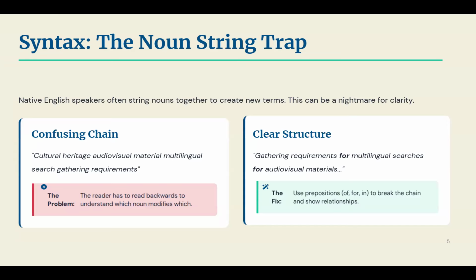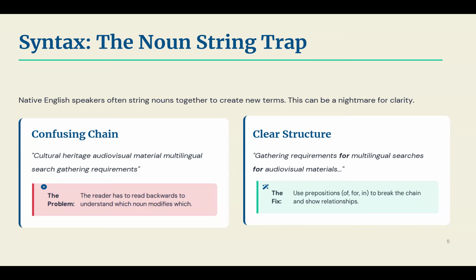So look at the confusion chain. Look at the example: cultural heritage, audiovisual material, multilingual search gathering requirements. My God, look at the problem. The reader has to read not forward but backward to understand which noun modifies which. You see?